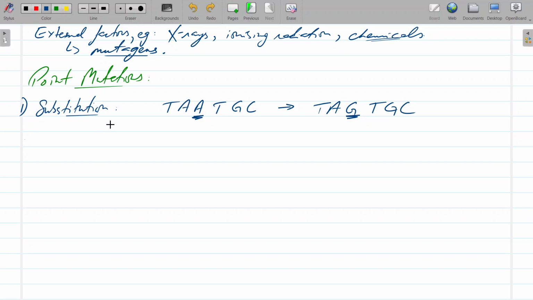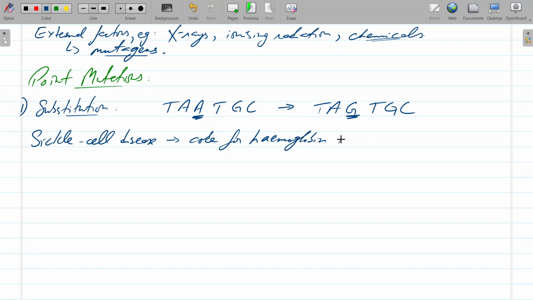And so what's happening over here is the code, right? It happens in hemoglobin. So sickle cell disease, and the code for hemoglobin is mutated.